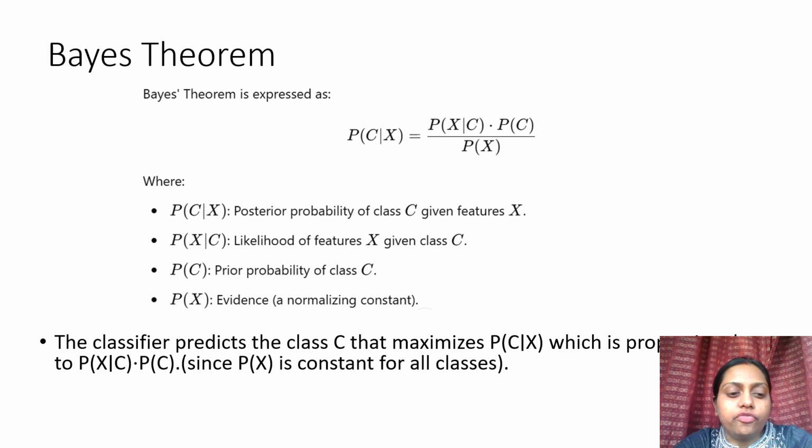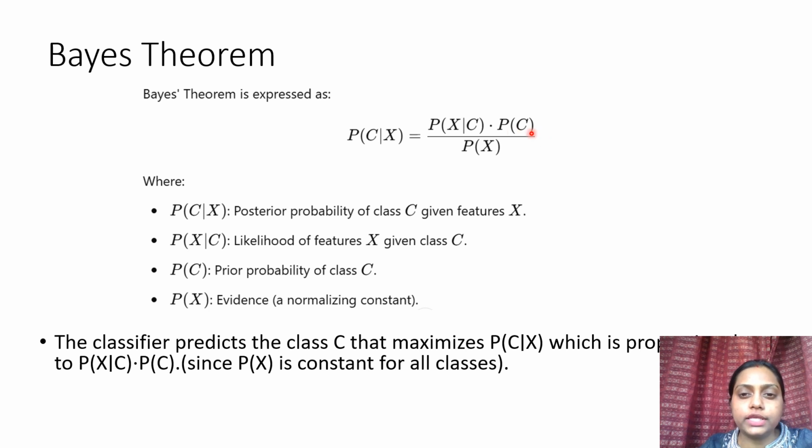Before going deep into the naive Bayes algorithm, we have to learn what the Bayes theorem is. In the Bayes theorem, we have some terminology. The first term is called the posterior probability, and it is written as the probability of class C given features X. This term is nothing but the likelihood.